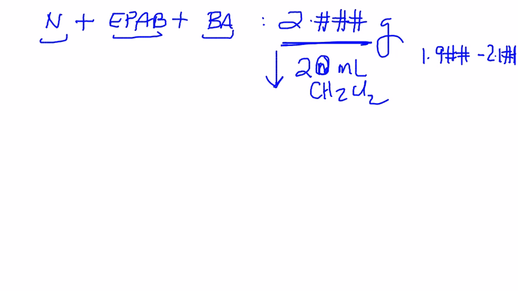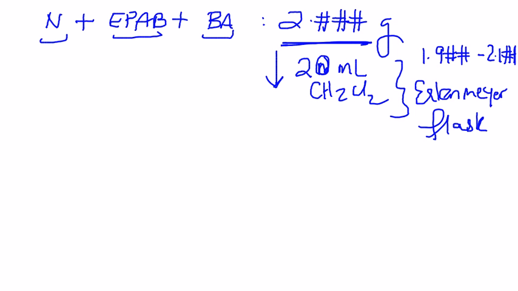So you would add 20 milliliters of dichloromethane, and all of this is going to be done in an Erlenmeyer flask. You will see that most of your mixture should dissolve at this point of time. If there are some pieces that don't dissolve, you can just use a glass rod to help dissolve them, but for the most part, I think most of your material should dissolve.